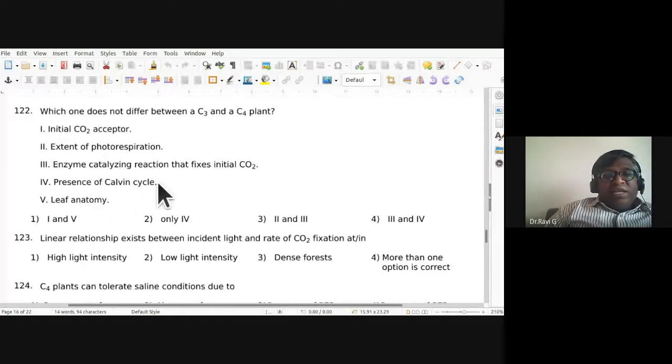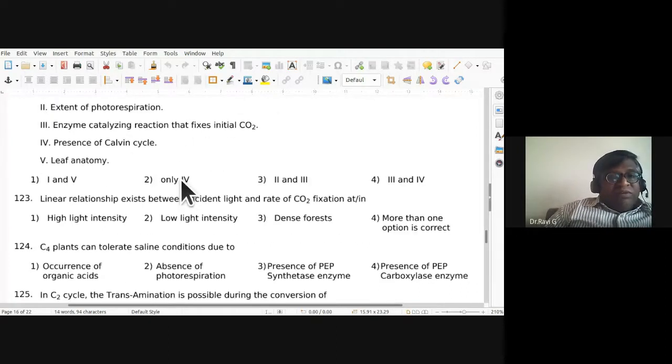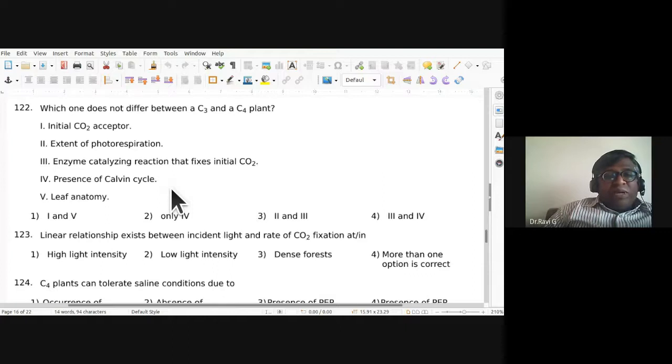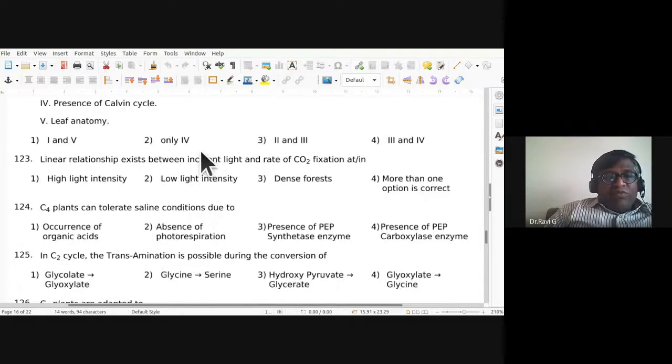Presence of Calvin cycle, they do not differ. Leaf anatomy: Kranz anatomy is noticed in C4 plants, which is not seen in C3 plants. So only 4 would be the ideal answer, option B.